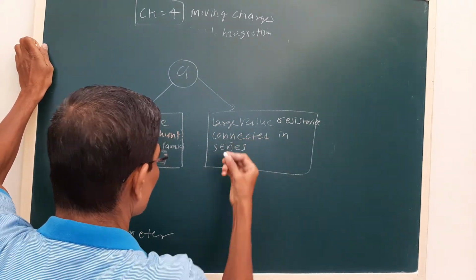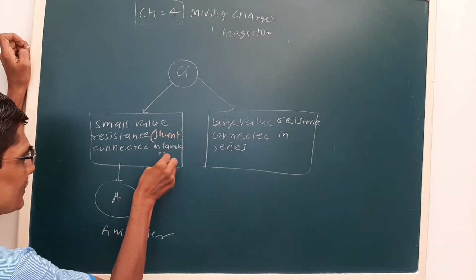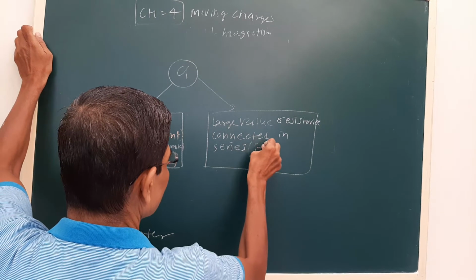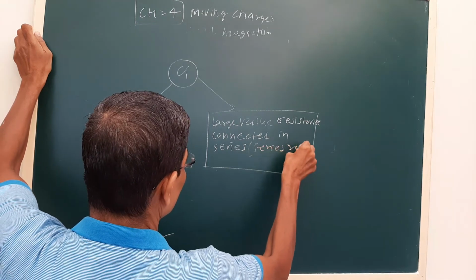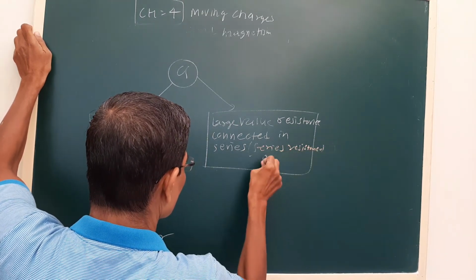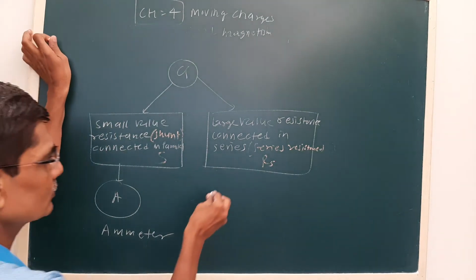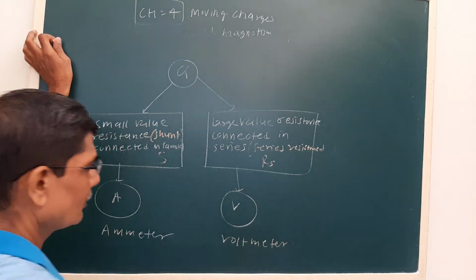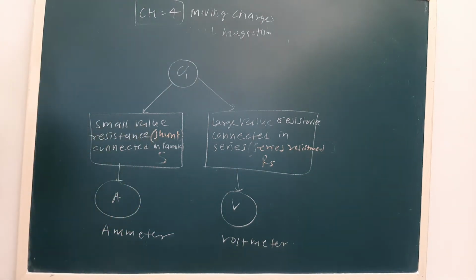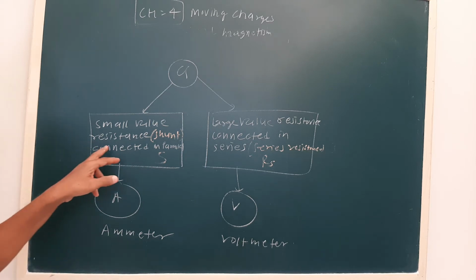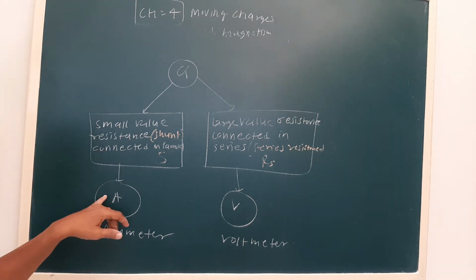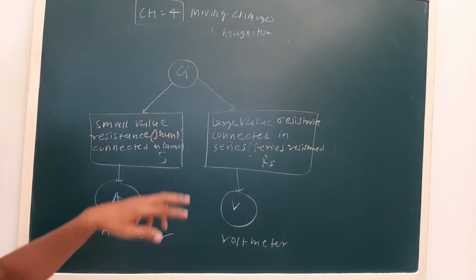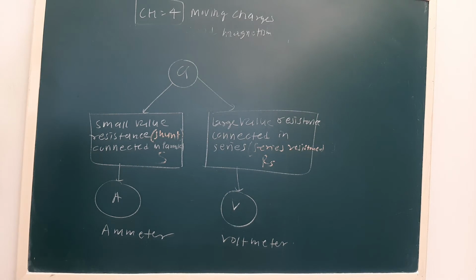The shunt is denoted by S. And when a large value series resistance Rs is connected in series with the galvanometer, it becomes a voltmeter of a larger range.